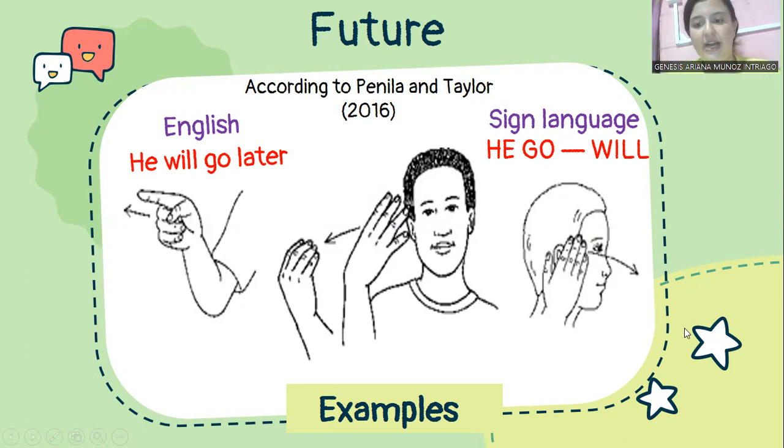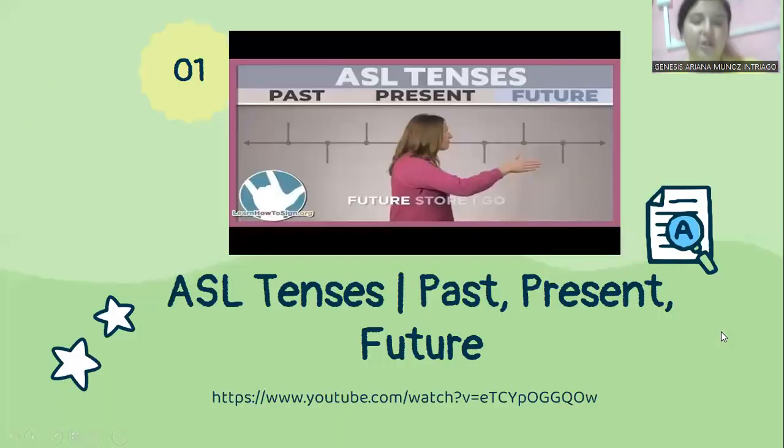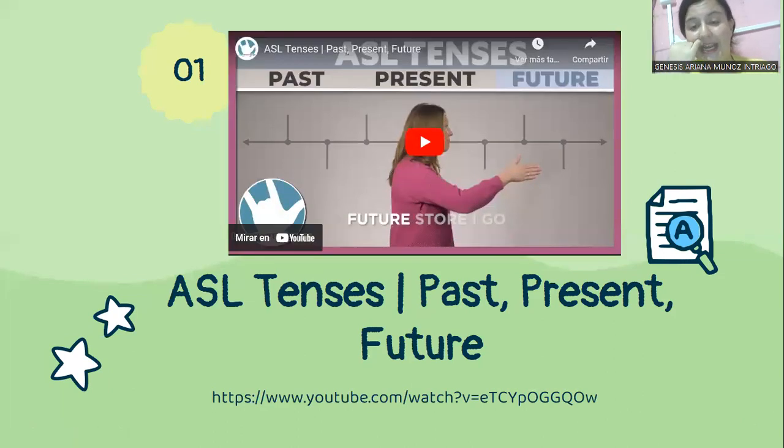So now we have an example, it's a video, okay? It's a video about how to express verb tenses in sign language, okay? So this woman basically explains that you express future by moving your hands in this way, in front of your body. And you express past by moving your hands behind your body, because you are talking about situations that have already happened, okay?